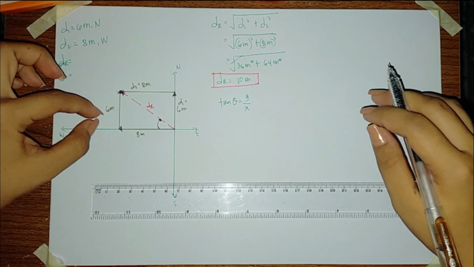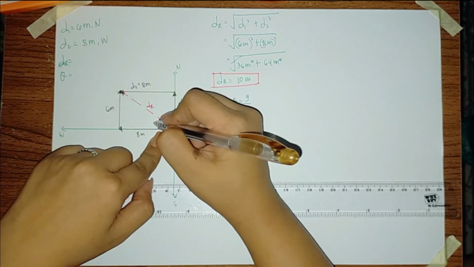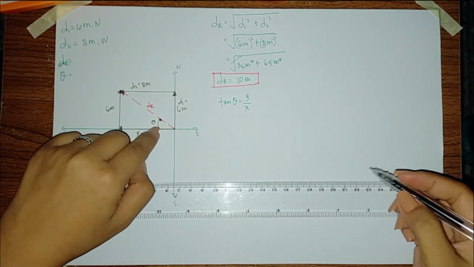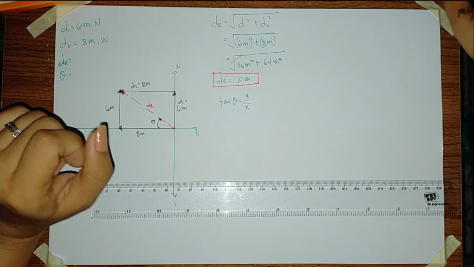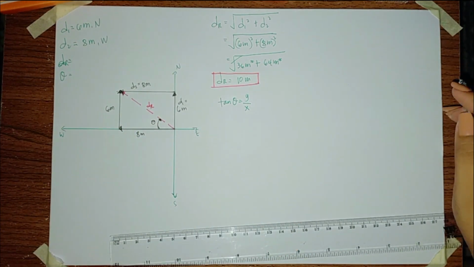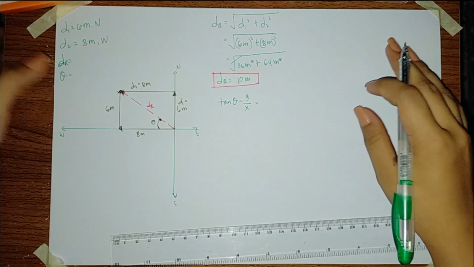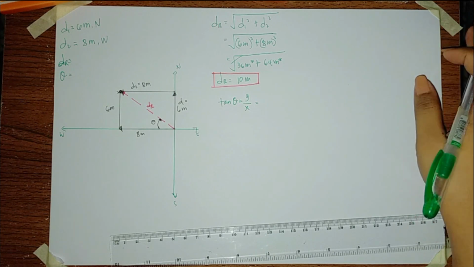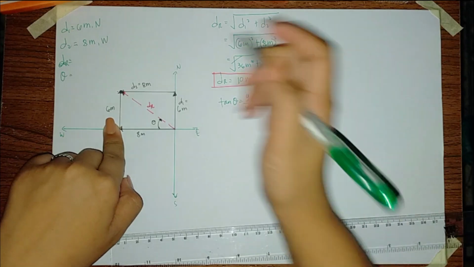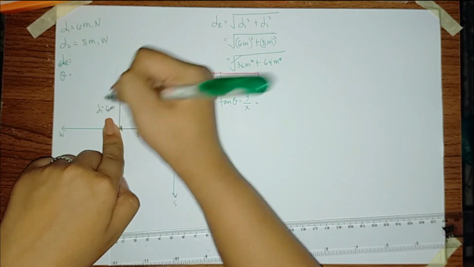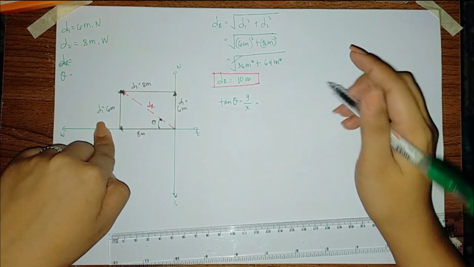Now that we have our values, the first angle we will look for is our reference angle, theta. Now, what are our x and y values? Take note, the 6 meters is the D sub 1. So, your D sub 1 is at the y.